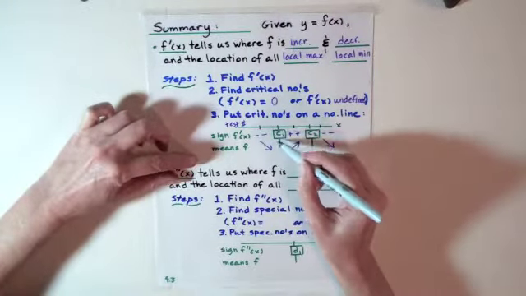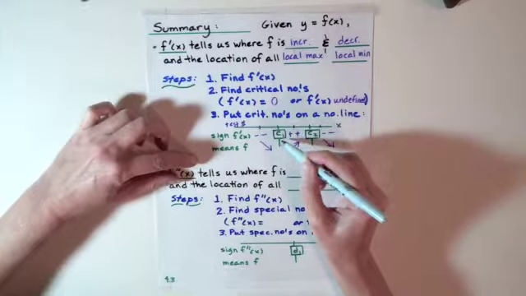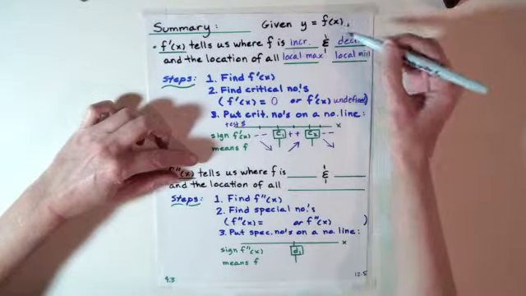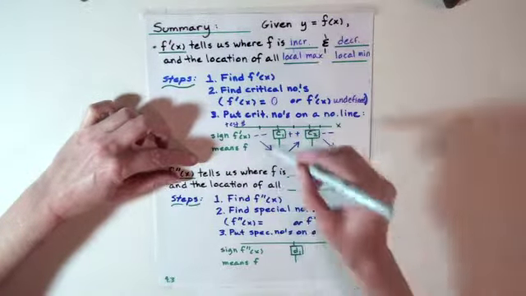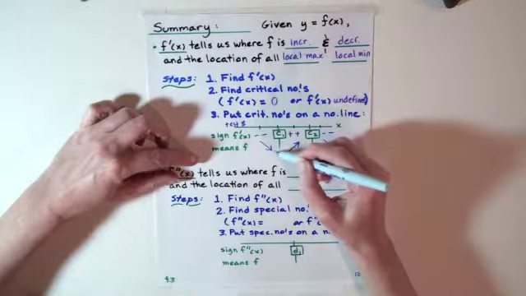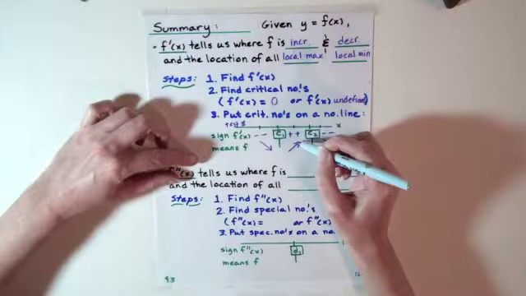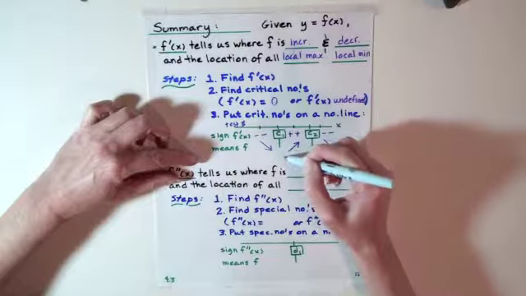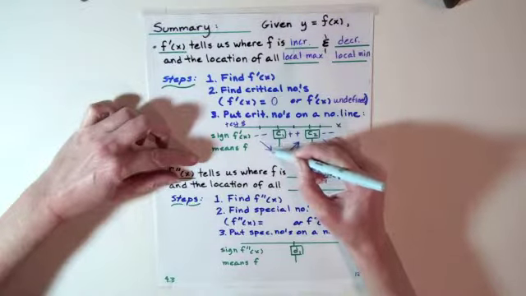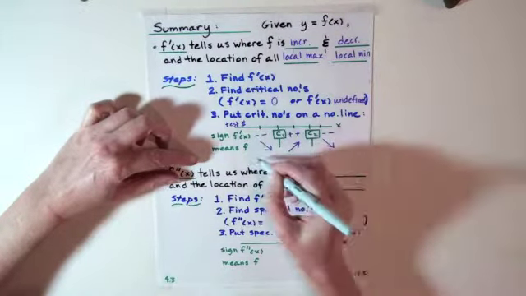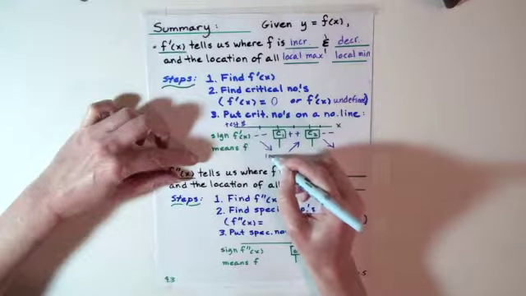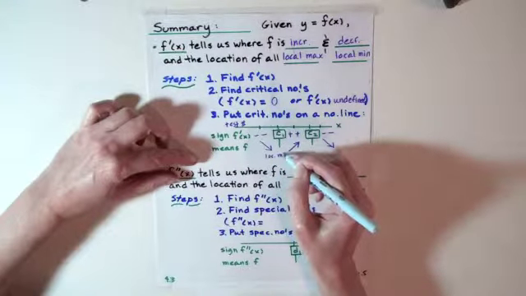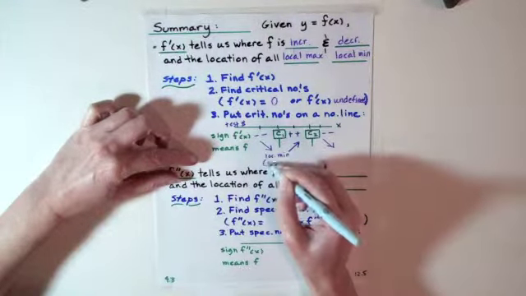And what would that mean about this point at C1, assuming that the original function f of x is defined there? If the function is going down to the left of it and going up to the right, it must be a low point, if you just thought of connecting these arrows in your mind. And so we would have a local minimum at C1.